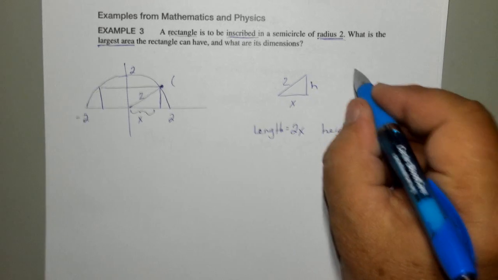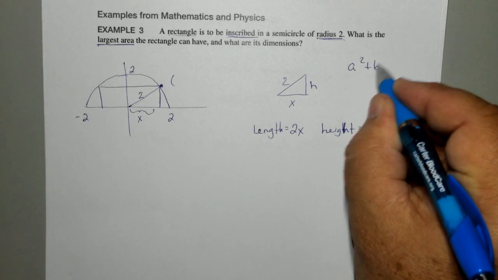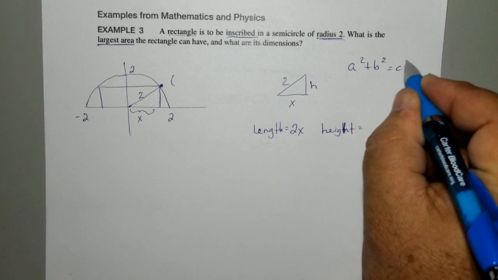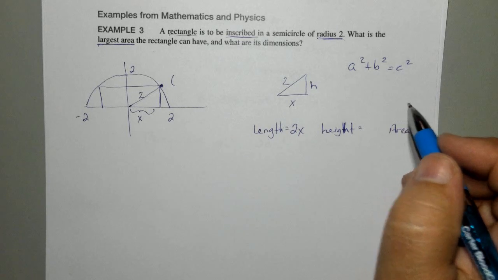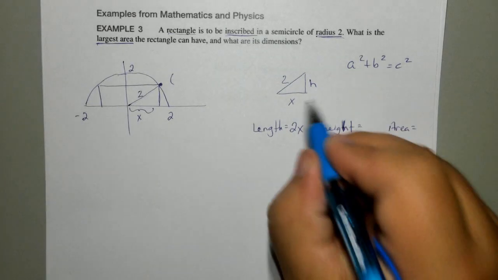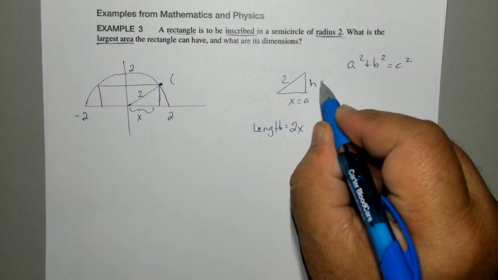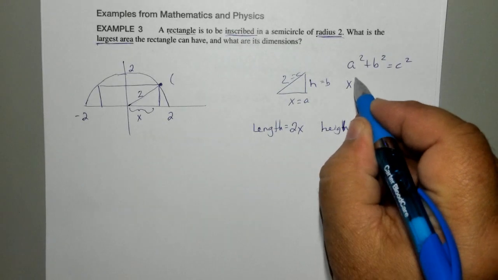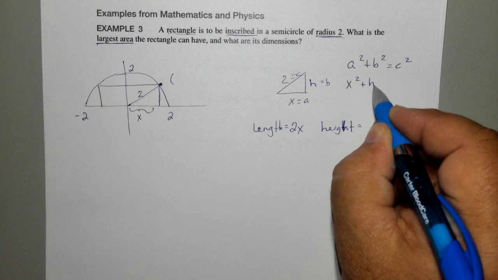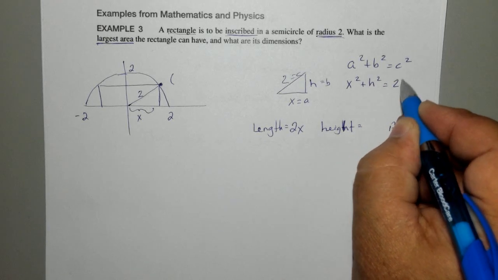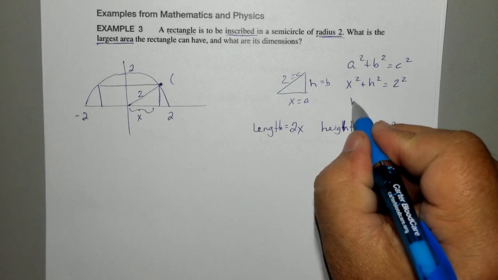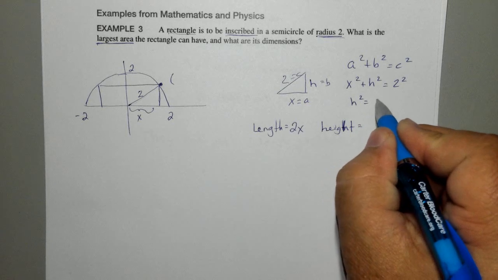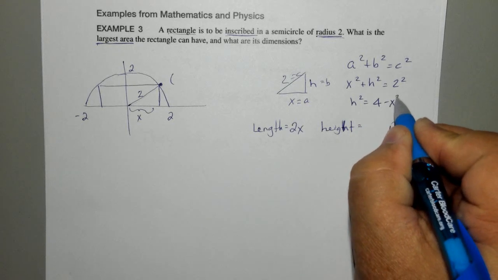Pythagorean theorem. A squared plus b squared equals c squared. This is A, that's B, and that's C. So x squared plus h squared equals 2 squared. H squared equals 4 minus x squared.